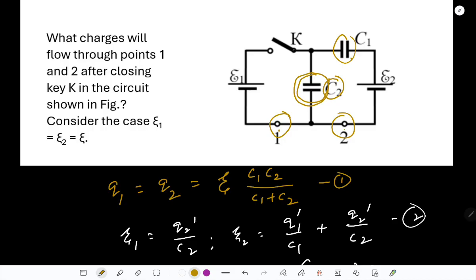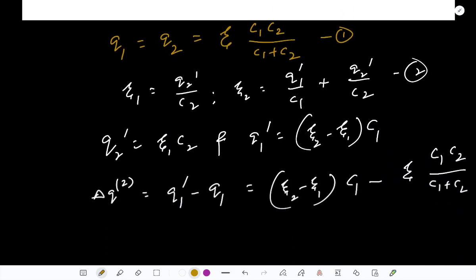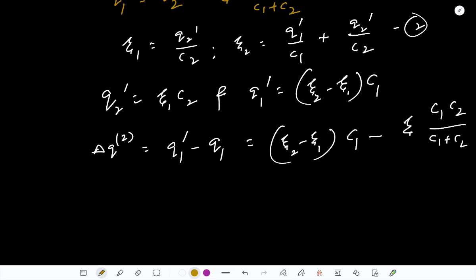Point 1 later after the switch is closed, and before the switch was closed it came through point 2. So I can write that the sum of charges passing through points 1 and 2, that is delta Q1 plus delta Q2, is equal to the change in charge of capacitor C2, and the change in charge of capacitor C2 is simply Q2 dash minus Q2.